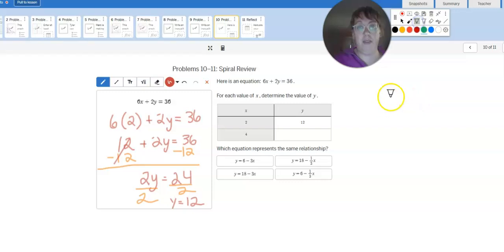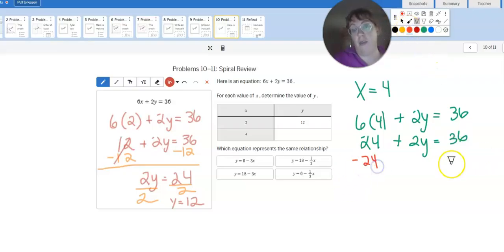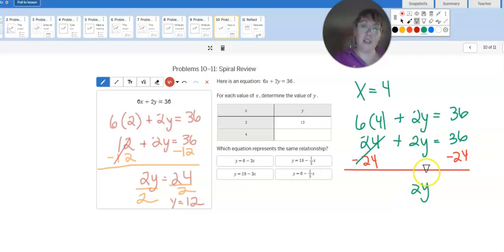Beautiful. And for the second one, we're looking at when x is 4. So we have 6 times 4 plus 2y equals 36. 6 times 4 is 24. We'll subtract 24 on both sides, starting to get y alone. 24 minus 24 cancels.